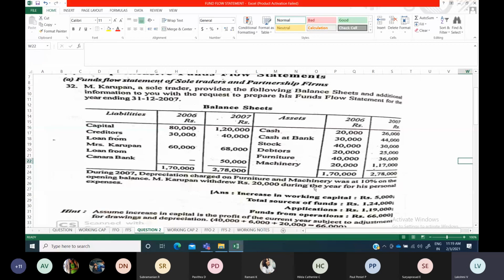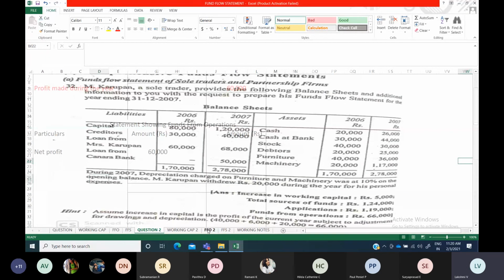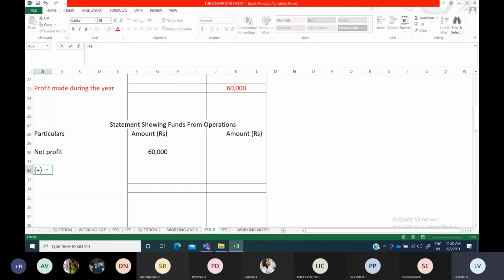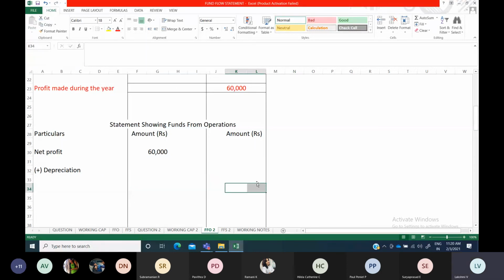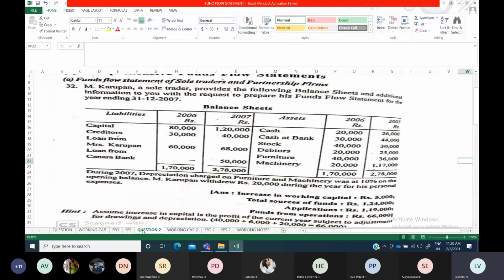So we can mention either plus or add. Okay, add depreciation. So you have depreciation on two items actually. If you see depreciation on furniture and machinery, both they have given as a percentage.